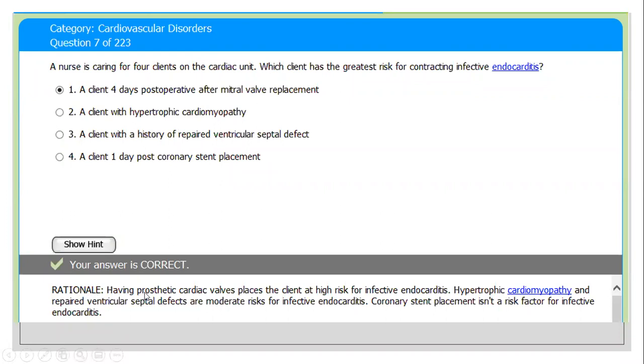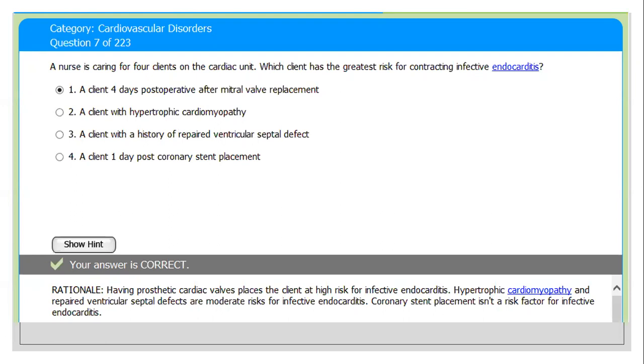The rationale says having prosthetic cardiac valves, because aortic valve replacement and mitral valve replacement are called prosthetic valves, puts the client at risk for infective endocarditis, right? If a patient has infective endocarditis, as a healthcare provider we should easily find it out by the signs and symptoms. Symptoms depend on the organism causing the disease and can vary from person to person.